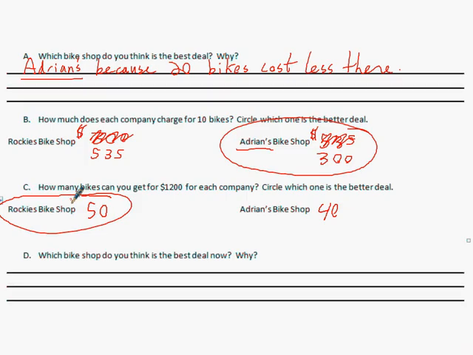Well, as we can tell, the more bikes you want, Rocky's makes the better deal. If you want enough bikes, you go with Rocky's. If you want a little bit of bikes, you go with Adrian's. So for a small number of bikes, you go with Adrian.